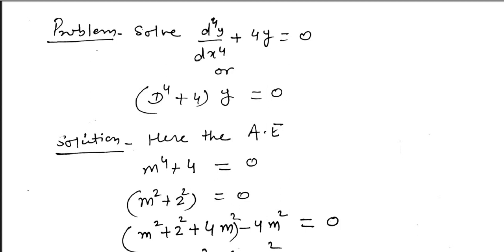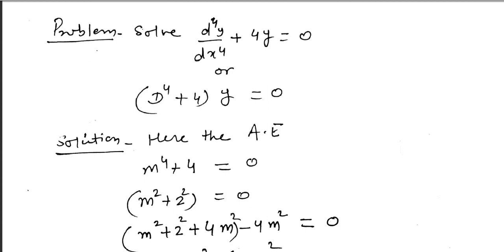And if you apply the formula of a square plus b square, this term is equal to this. Means m square plus 2 whole square plus 4m square minus 4m square. In another way, we just add and subtract a term, which is here 4m square.